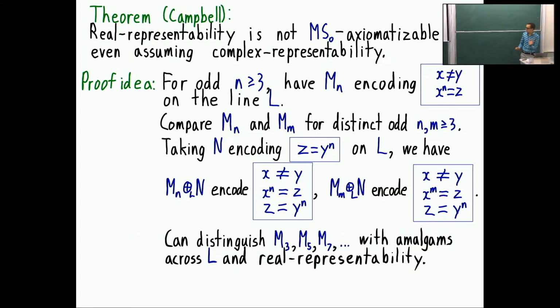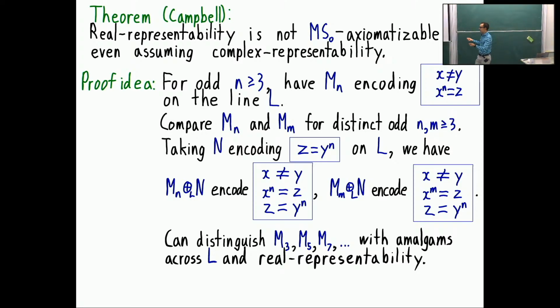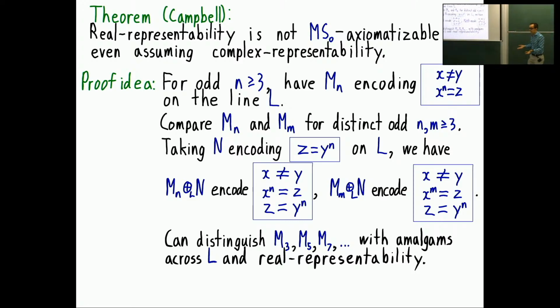So the result of this is that we have an infinite list of matroids that we can distinguish with amalgams across L and real representability. Because if I have two of these matroids, I can pick an n and do the amalgam, and if we chose n correctly, one's going to be real representable and the other is not.